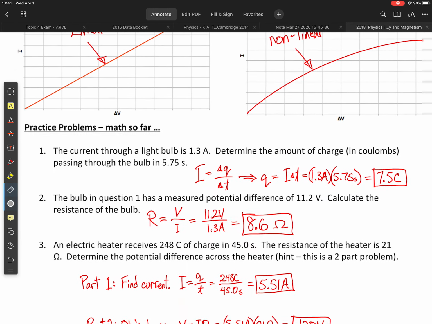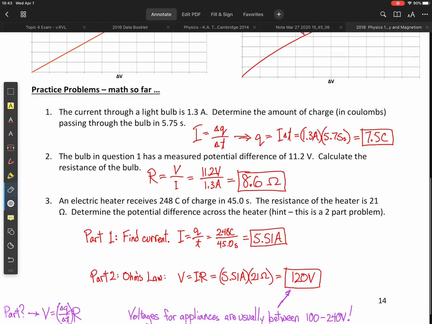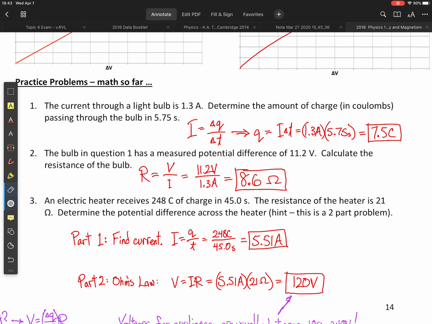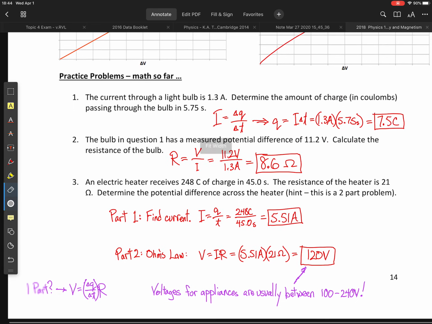Okay, questions 1, 2, and 3. I'm just going to show you the answers. Not too much here in the way of challenge. So if you need to pause the video to look at these, feel free to do that.